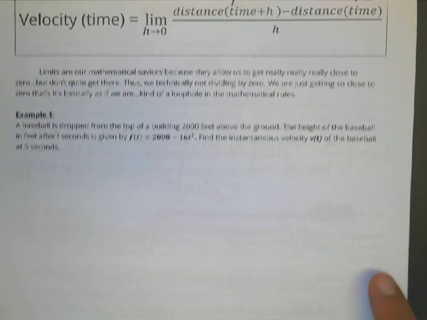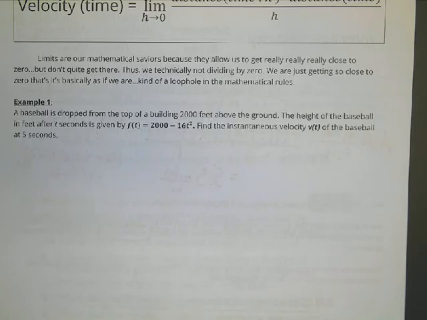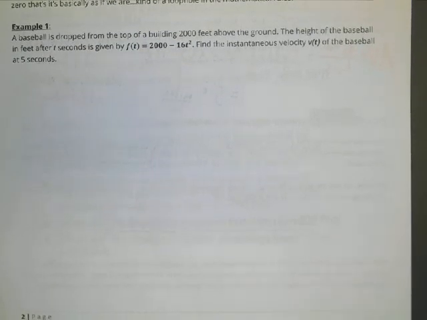So let's see if limits can help us with this problem. Sarah, you want to read? A baseball is dropped from the top of a 2,000 feet building. The height of the baseball after t seconds is given by f of t equals 2,000 minus 16t squared. Find the instantaneous velocity of the baseball at 5 seconds.